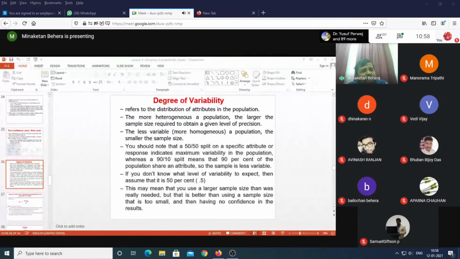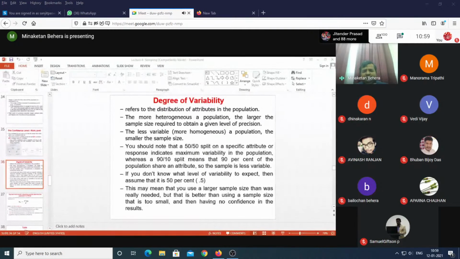Remember, many people ask this question in interview boards. Why does quota sampling not come under stratified random sampling? Suppose you divide on the basis of gender, male, female, children. In the first part, you divide on the basis of stratified random sampling.